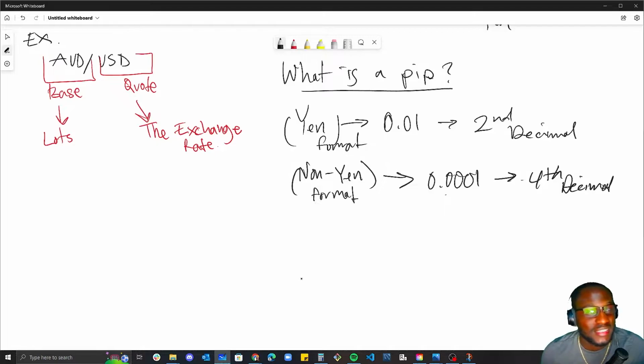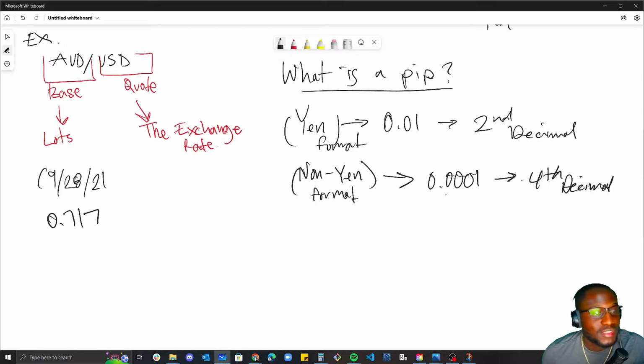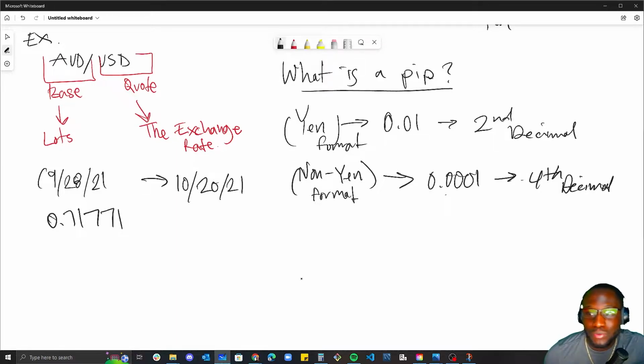When I say change, I mean, let's say for the Australian dollar, on September 28th, 2021, the exchange rate was 0.71771, and then the exchange rate on October 20th, 2021 was 0.75169.